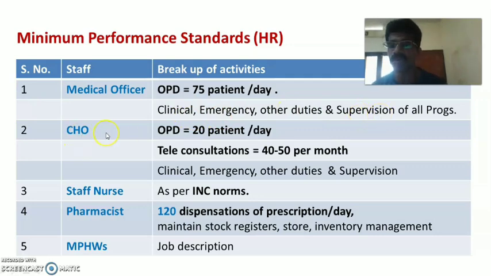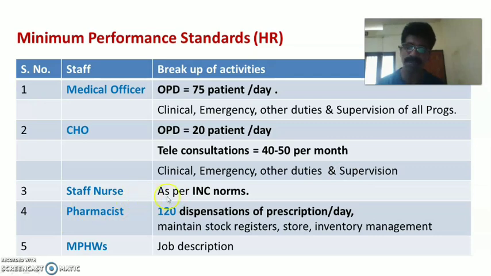Then for the community health officer in the rural area, a minimum of 20 patients per day in OPD has to be conducted. So OPD services to a minimum of 20 patients per day. Then he has to do a minimum of 40 to 50 teleconsultation services per month. Okay, 40 to 50 teleconsultations. Then clinical duty, emergency duty, other duties and supervision of all the programs of the rural health and wellness center are also mentioned clearly in this annexure.